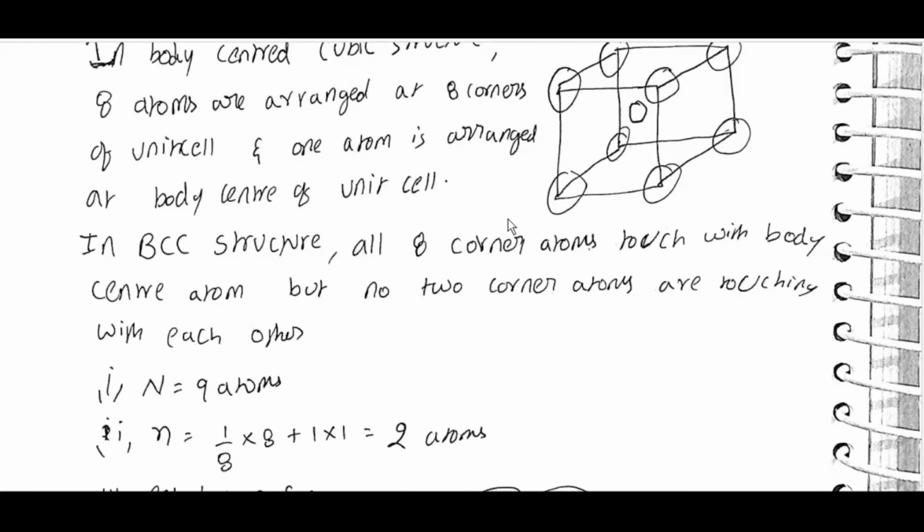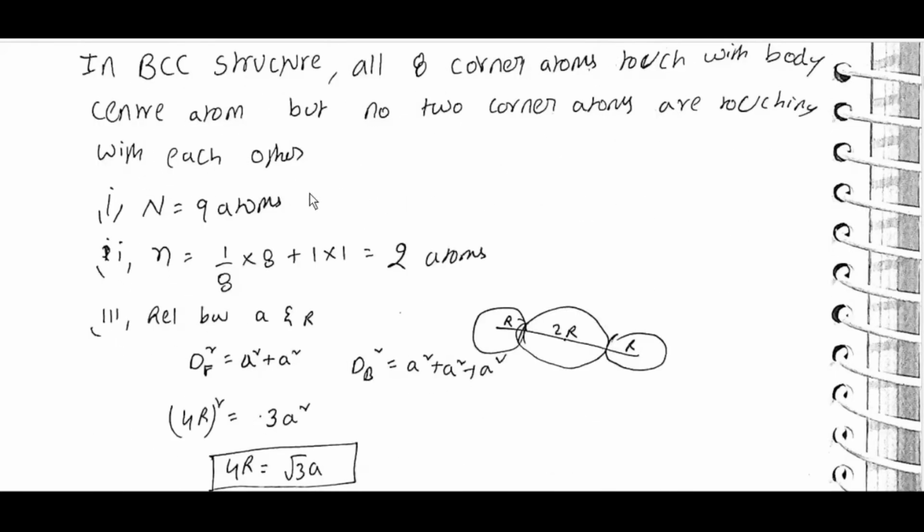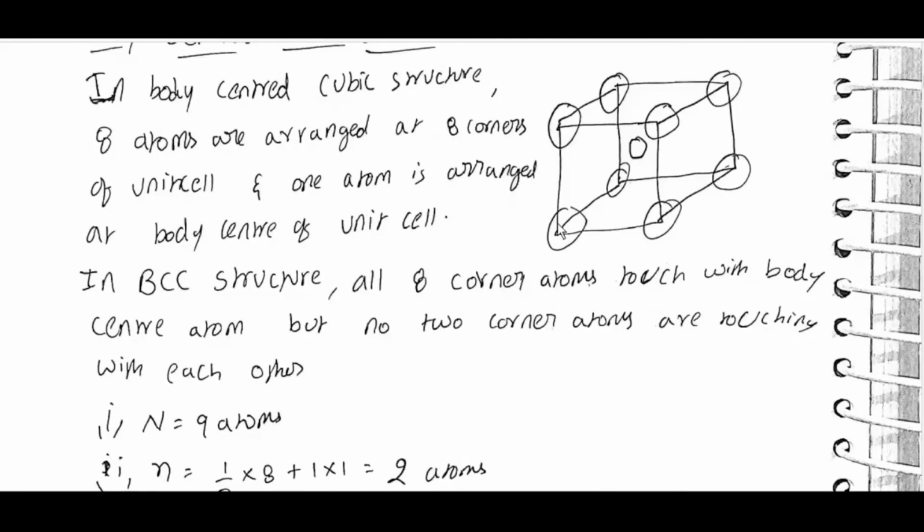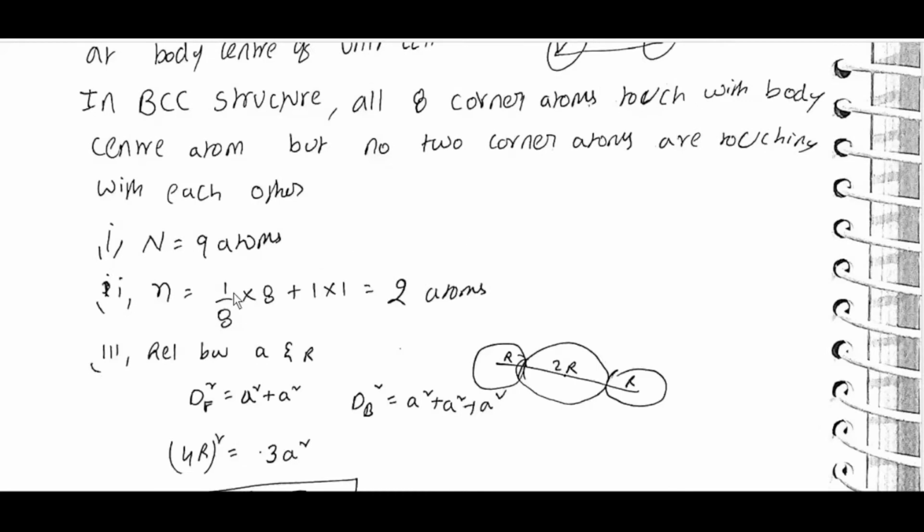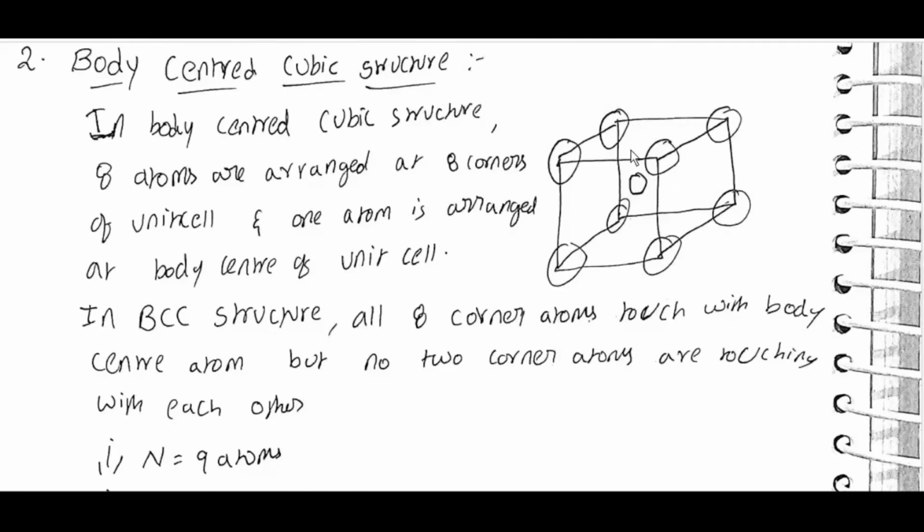The center atom will touch all these 8. Capital N is equal to 9 atoms, as there are 9 atoms in this. Effective n is equal to 1/8 into 8 plus 1 into 1, which is equal to 2 atoms. As the middle one is completely inside, every corner atom will have 1/8 contribution.